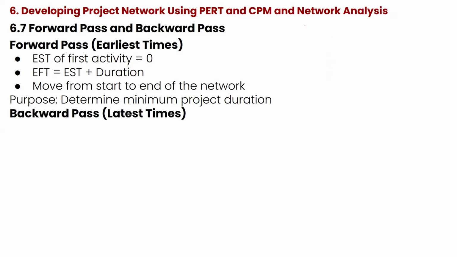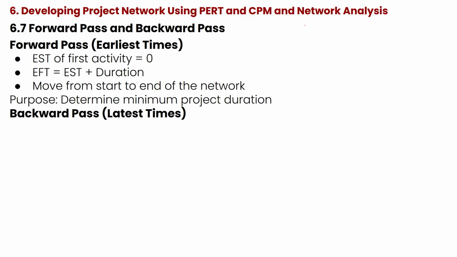So the backward pass: when you get to the end of the project and you are returning back to the beginning, the purpose is to get our latest start time and latest finishing times.